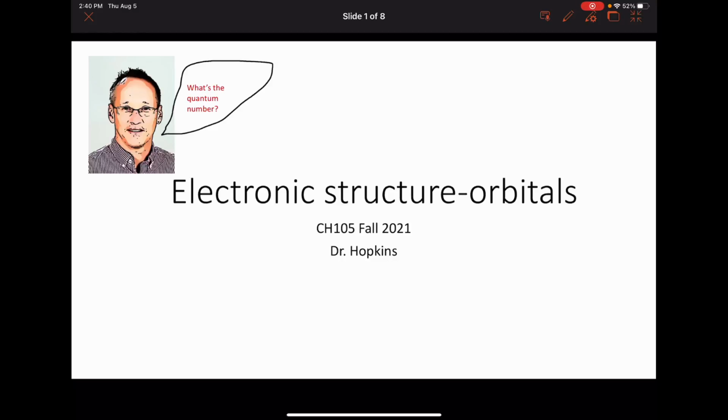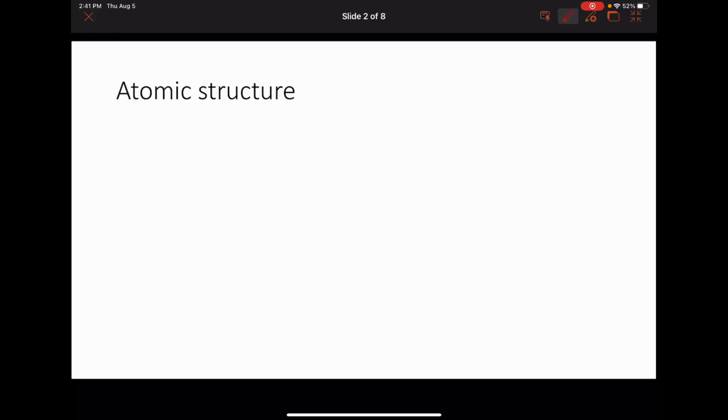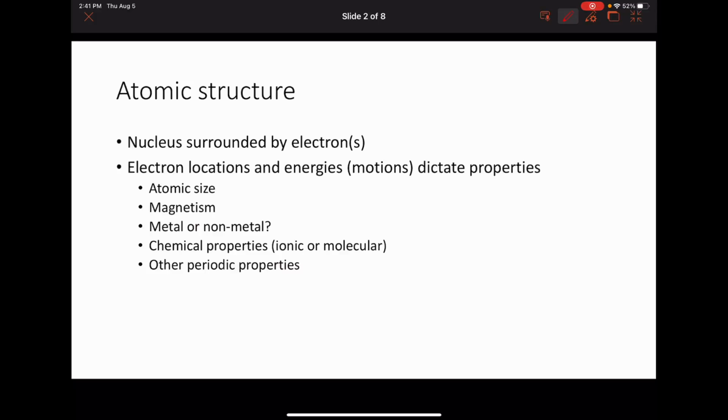And in this one we're going to continue discussing the structure of atoms with respect to electronic structure. Where are the electrons located outside of the nucleus? As I said, we know from previous discussions that atomic structure has a nucleus surrounded by electrons outside of it. Most of the properties we're interested in are electronically based.